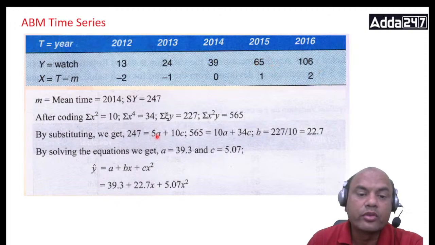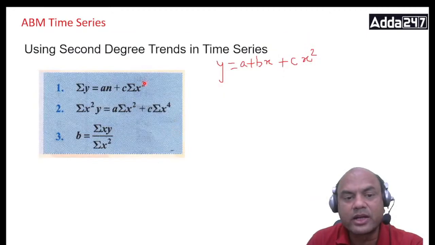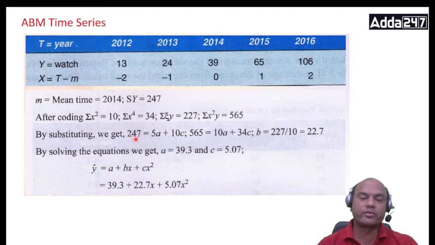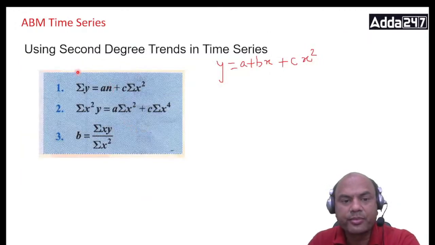So 5a plus 10c. What is this 10c? C summation x square. Summation x square you know, you have got it already, 10. So 10c. You will get this from the first equation. Remember, the cursor which is moving right now is equation number 1. Okay. Now equation number 2.